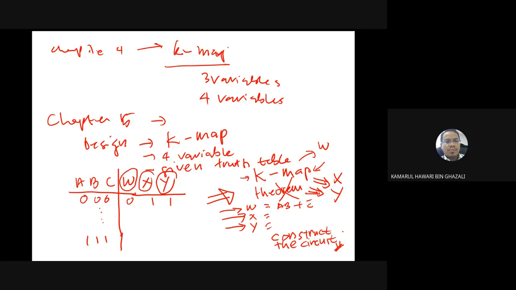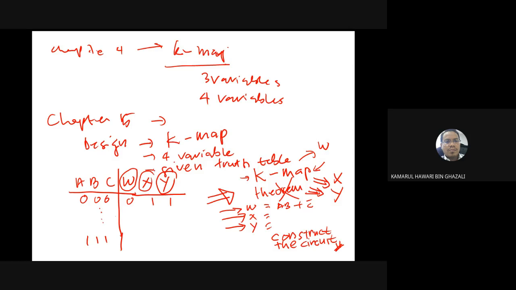So let's continue. This is the question from chapter 5. I repeat, design given the truth table, like this one, input A, B, C, you have multiple outputs. Normally, maybe you are familiar with one output only, but this one has multiple outputs.